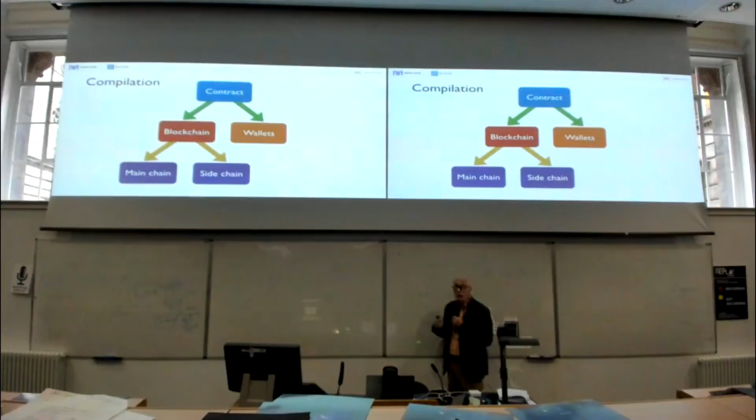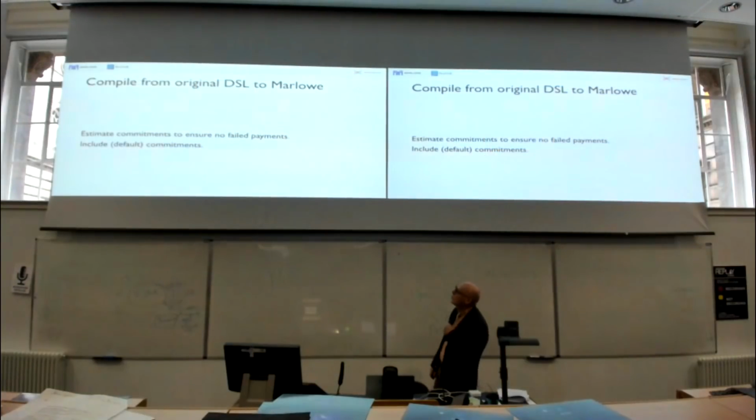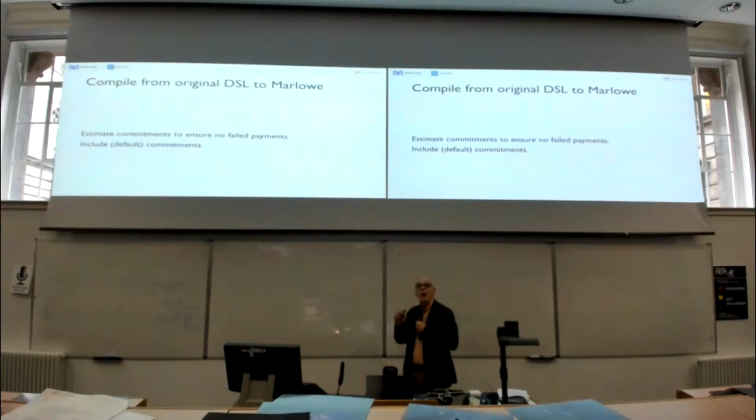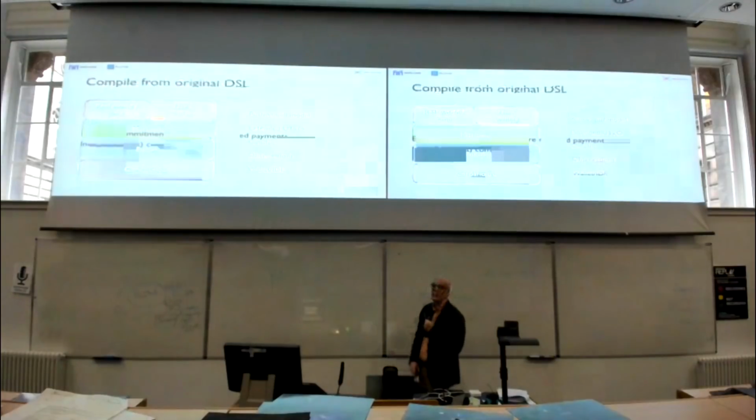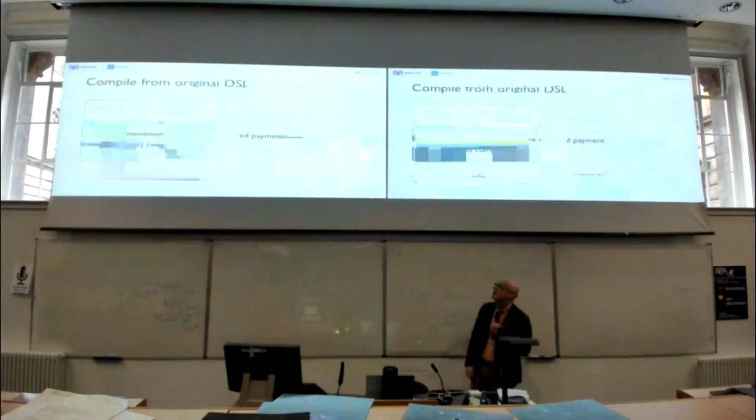So these are all questions which remain to be resolved. Also, adding commitments and timeouts automatically, trying to find default ways of doing that, and completing that integration with Cardano SL.